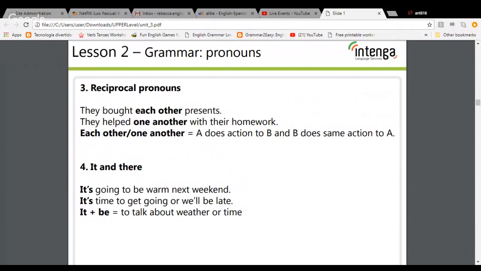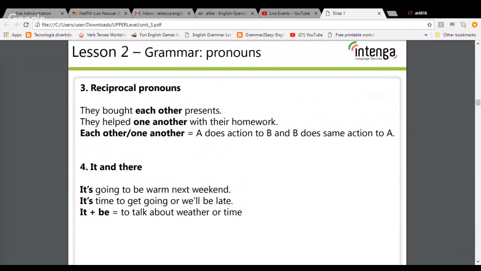So each other and one another are the same meaning, sometimes with a different structure. For example, "they bought one another presents." I wouldn't use it in that context. It sounds bad. They bought each other presents. They helped one another with their homework. They helped each other with their homework. That sounds okay.